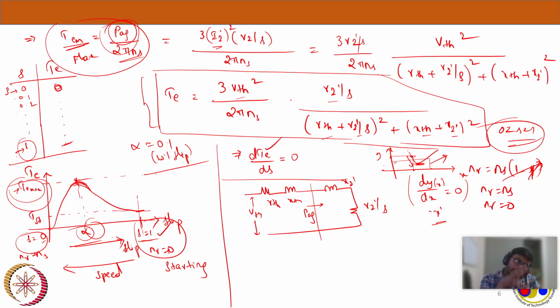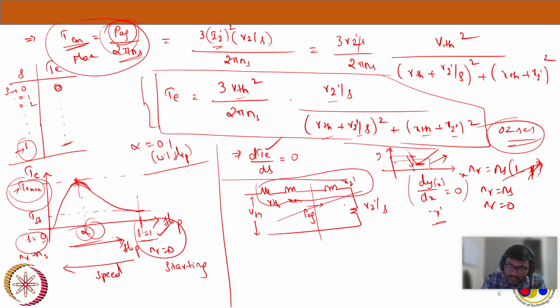Now my air gap power can be maximized. That means the maximum power I am able to flow through the R2 by S resistance is by applying this maximum power transfer theorem. Now I'm trying to find at what slip my power will be maximum. So here I am trying to deliver all my maximum power to my R2 by S resistance. If I can make this R2 by S equal to the rest of the impedance in the circuit, what are all the impedances present?